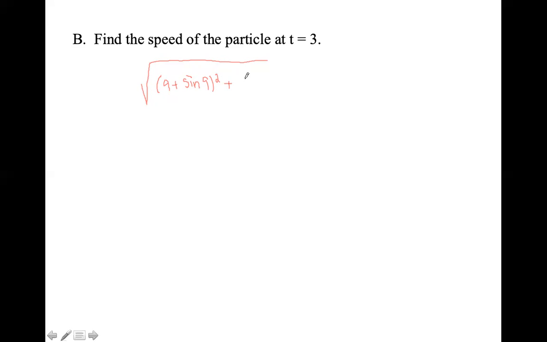Our slope was down 2/1, so -2. So we have (-2) squared. And if we calculate that, it is about 9.622.